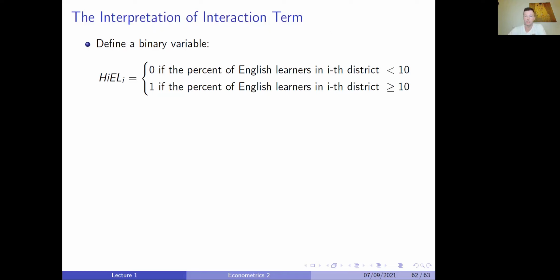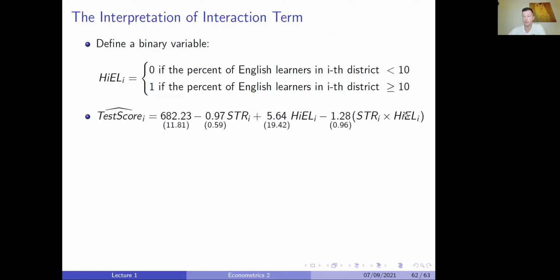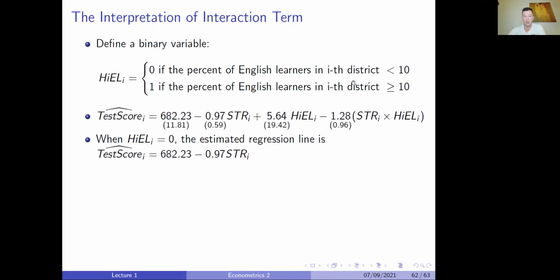So we have this binary variable, high EL, and if we introduce it as an interaction term with STR, we have this. Let's see what it means. When the district does not have too many immigrants, the sample regression line looks like this, and one additional student in the class decreases the test score by 0.97.